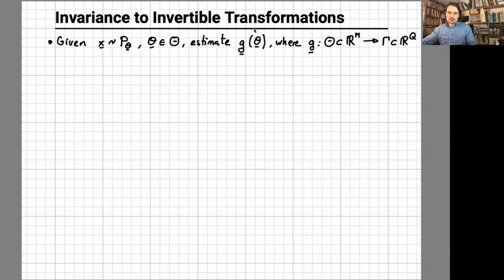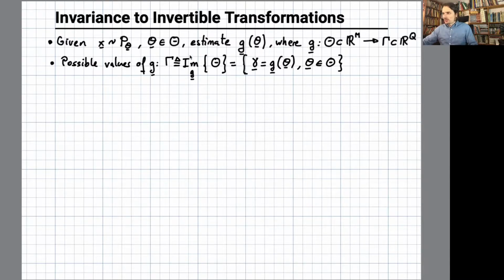We have illustrated these kinds of problems already several times in the course. And this function g takes values in the parameter space and returns values in the set Gamma, and Gamma is defined as the set of all possible values that g can take, right? This is the mathematical notation. This is referred to as the image of the set Theta through the function g, okay?